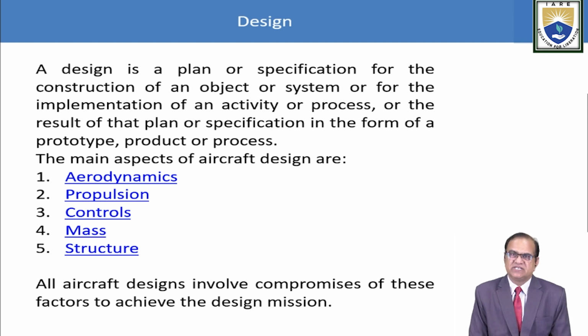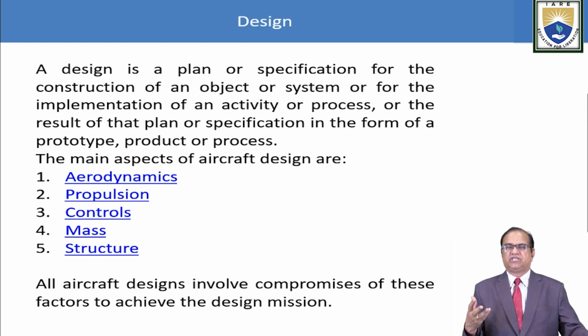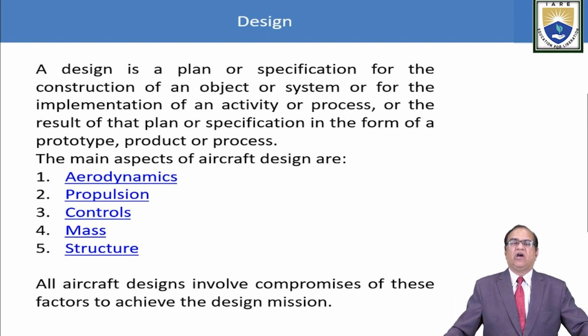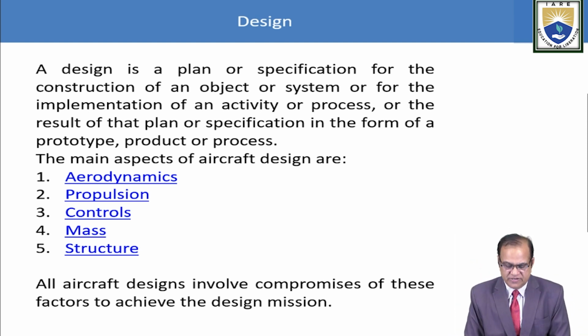It is the branch in which the lift, drag and other aerodynamic flow of the air related to the aircraft is handled. Propulsion deals with the engine, where the locomotion is done with the help of equipment. Those equipments are responsible for giving the locomotion of the aircraft.